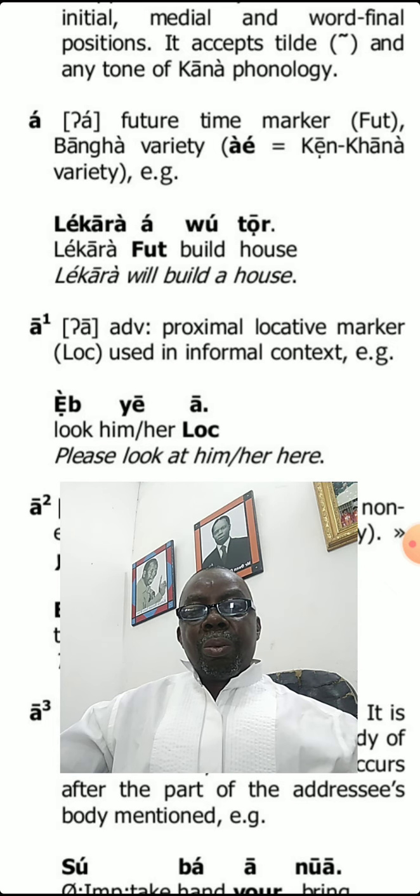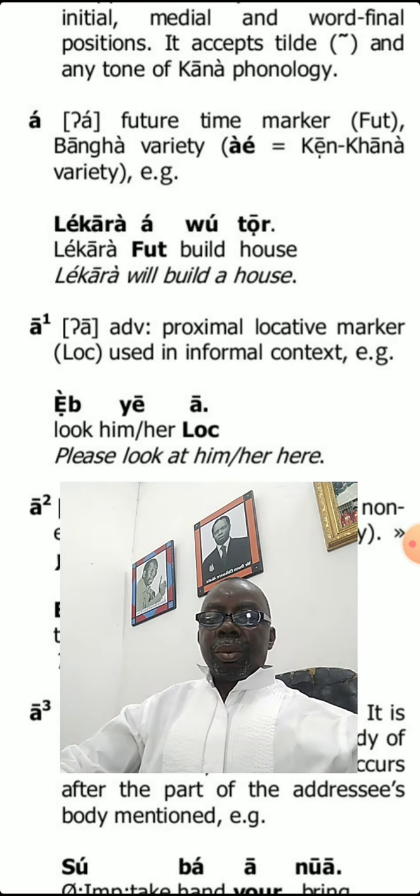Yeah, the meaning being look him or her here, locative marker. Then the translation is please look at him or her here. So you can now see that the letter A with a midtone functions as a proximal locative marker.